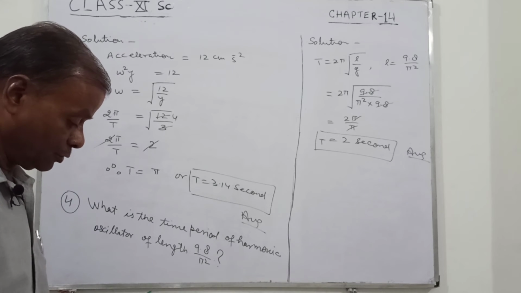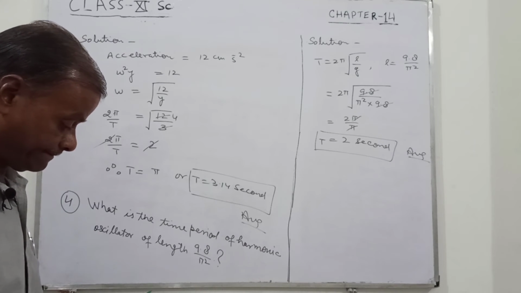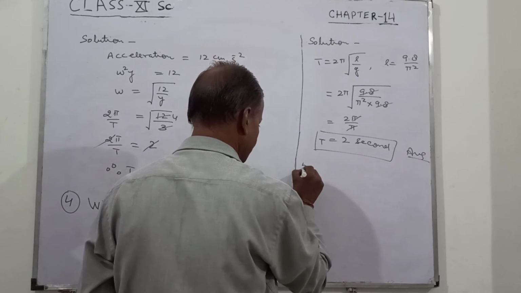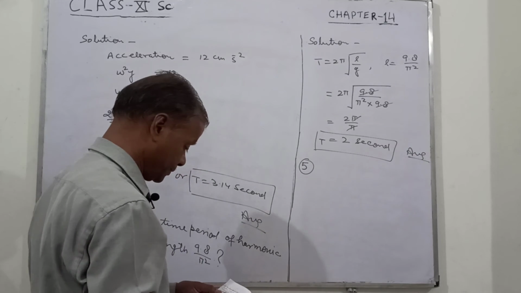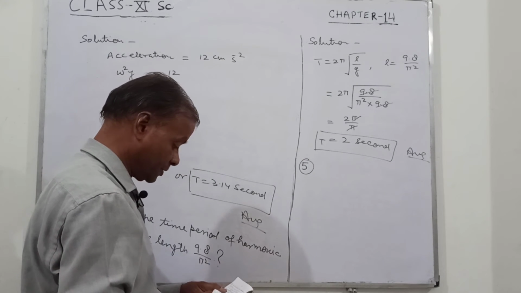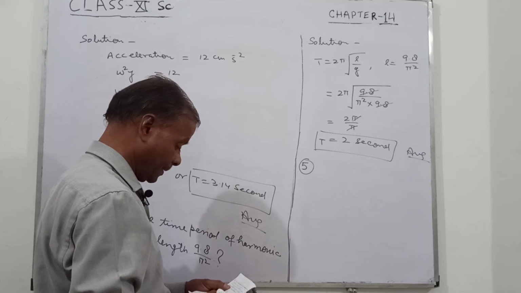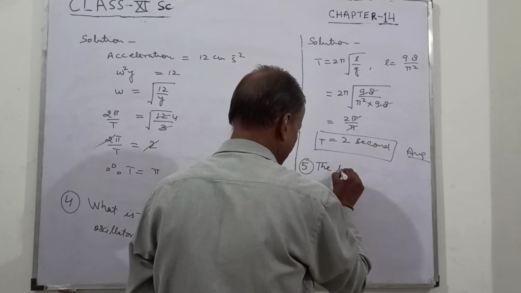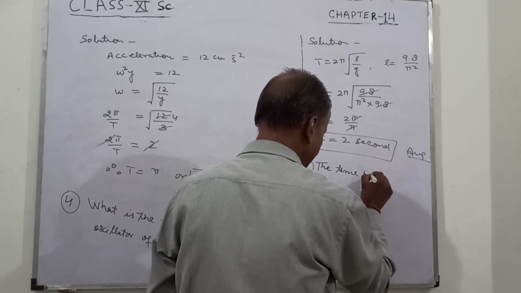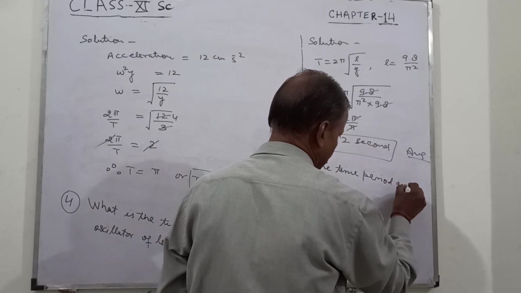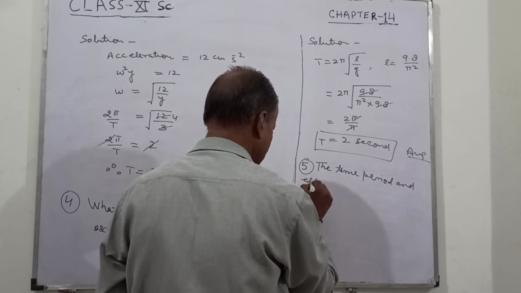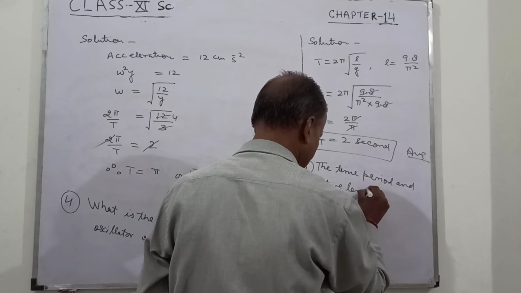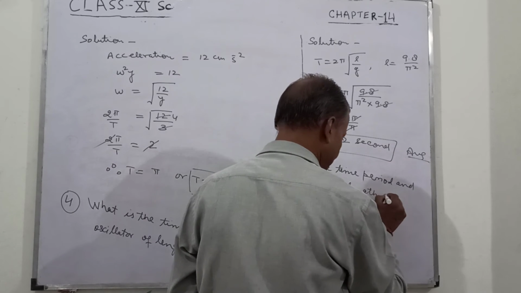Now I am telling you one more question. Question 5. The time period and effective length of the simple pendulum are 4 seconds and 4 meters respectively.